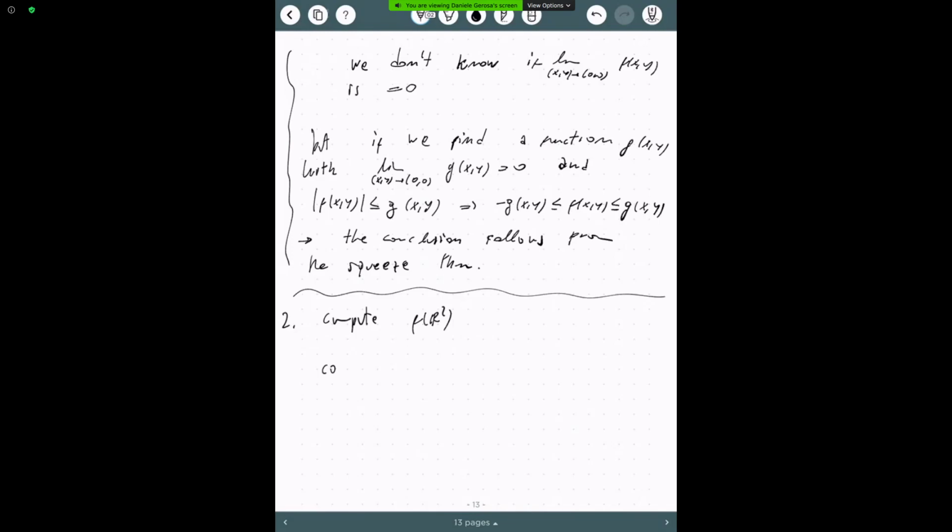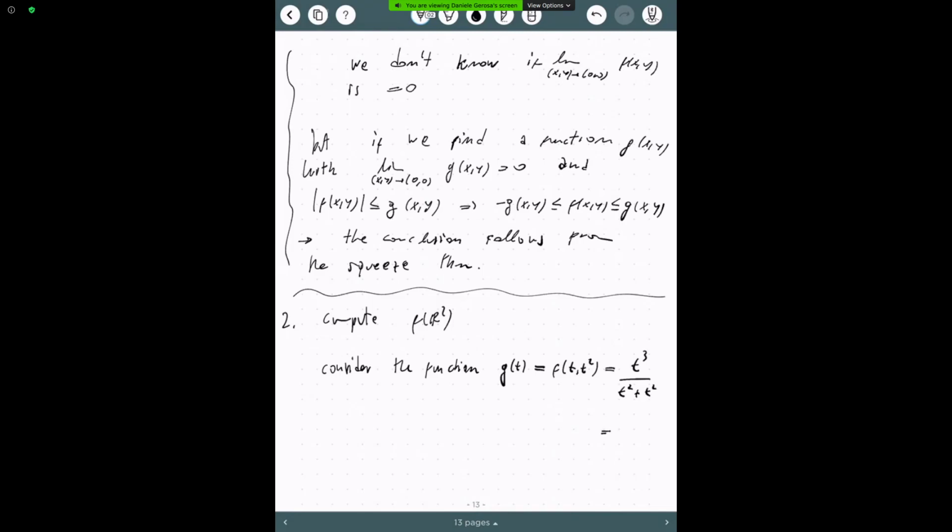So consider the function g of t, which is defined as f of (t, t²). And this is equal to t³ divided by t² plus t² again.